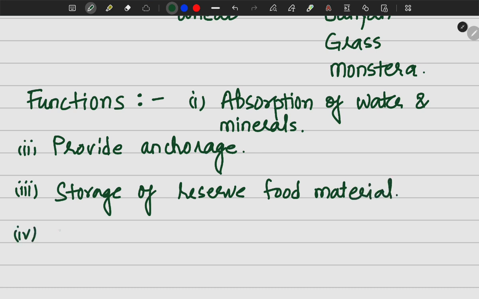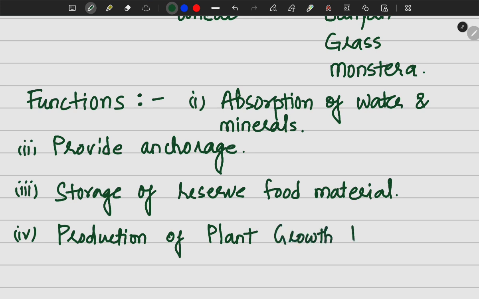And one more function is production of plant growth regulators. Plant growth regulators, or plant hormones we can also call it, are also produced in the root. So these are some of the functions of the root.